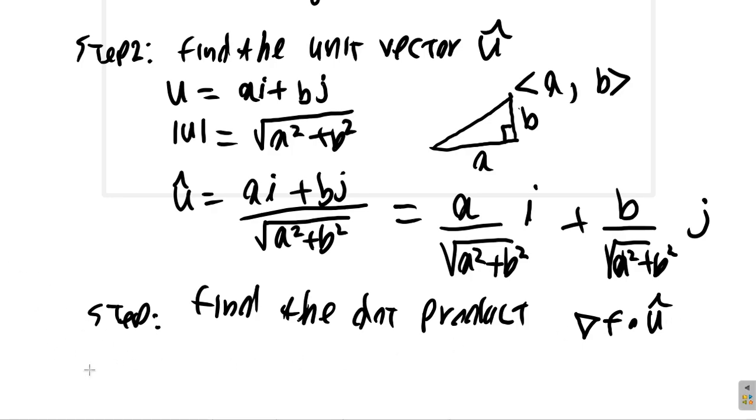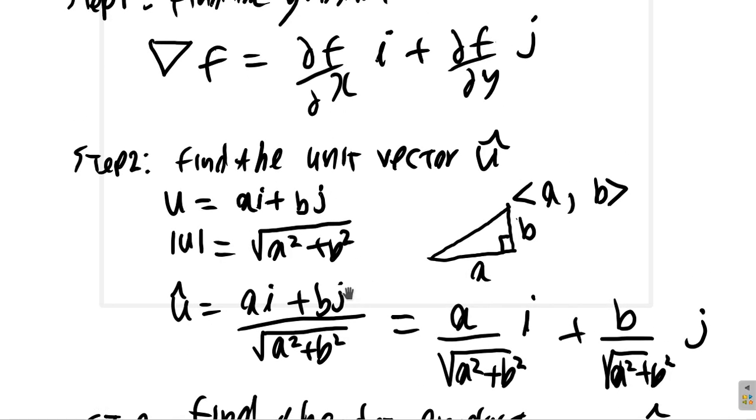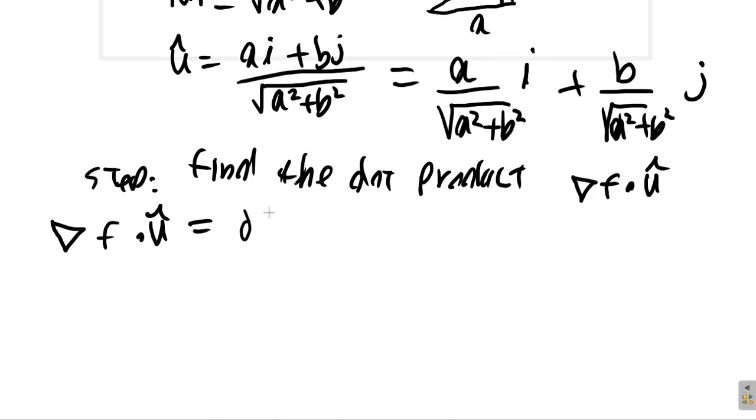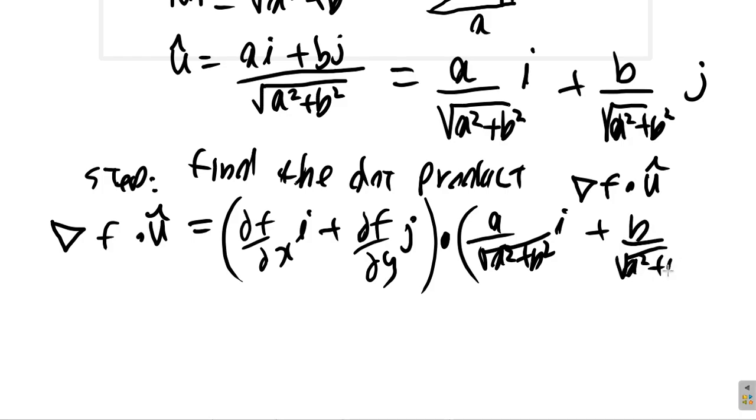So in that case, nabla f dot the unit vector is equal to what you add up here, the partial of f with respect to x i plus the partial of f with respect to y j, dot product with this up here, a over the square root of a squared plus b squared, i plus b over the square root of a squared plus b squared, j. And what you get is a scalar. You won't get any i and j there.